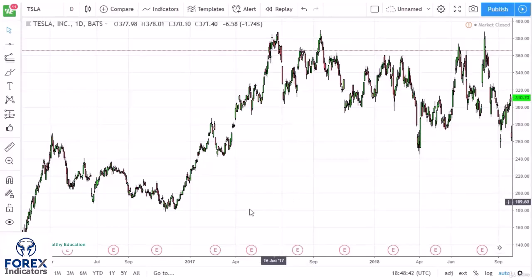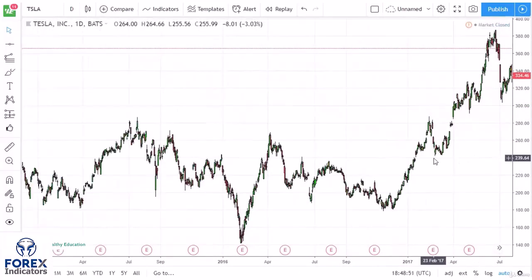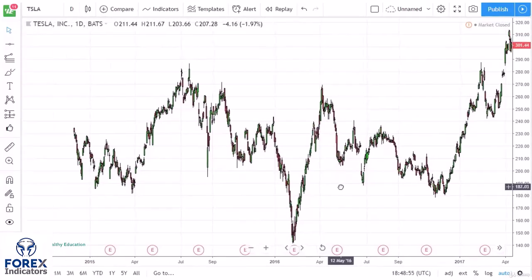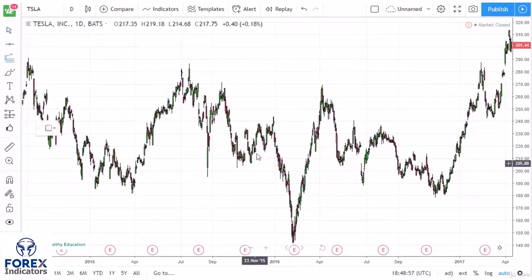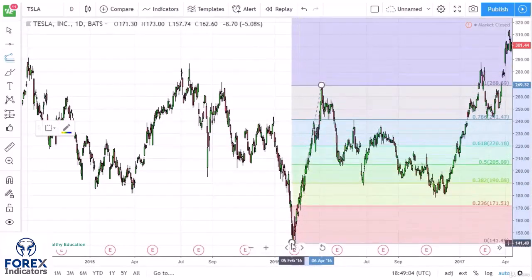You clearly want nice big swings when you attach your Fibonacci retracement tool to the chart. You want them to be at extremes if at all possible. So this massive extreme here certainly would qualify.